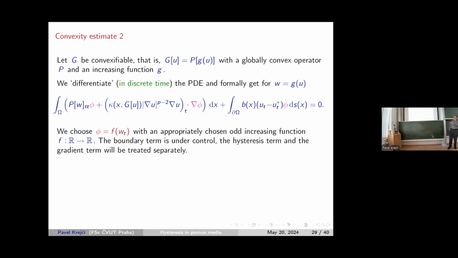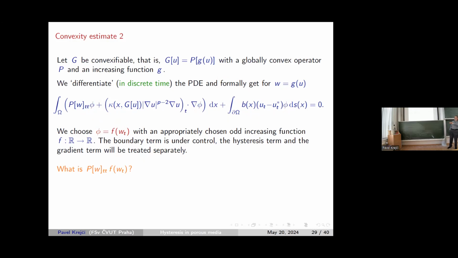And now what happens? The boundary term is easy, it gives a control contribution. So there are two terms that need to be considered in detail, namely the hysteresis term and the flux term.